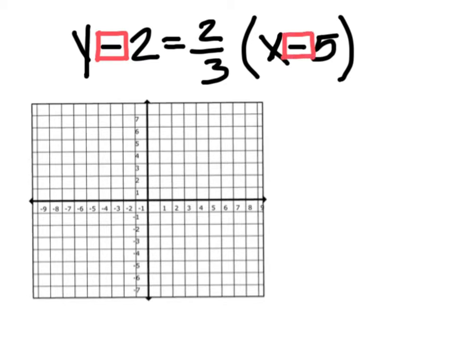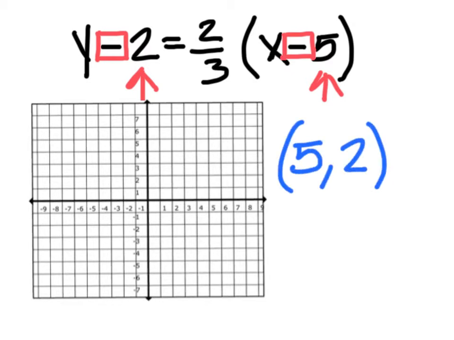That means if you have a minus sign in the equation, you're just going to use the number that's beside it. It's not going to be -2 or -5. Start with this one first. Start with that 5. And then use the 2. That's the point that you have to plot on the graph.